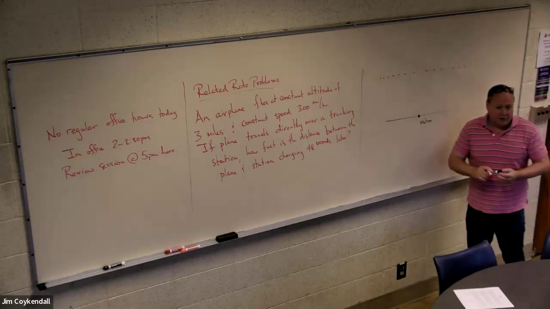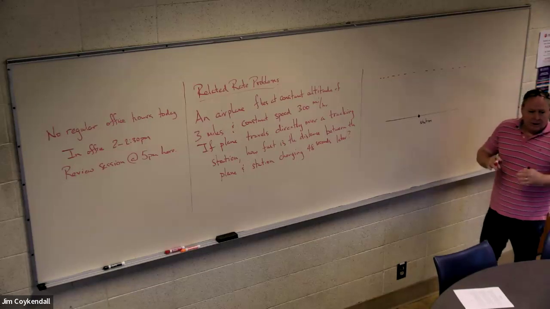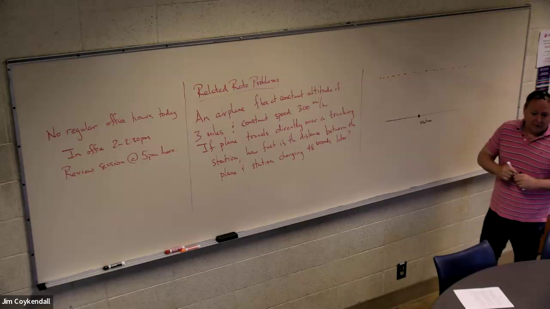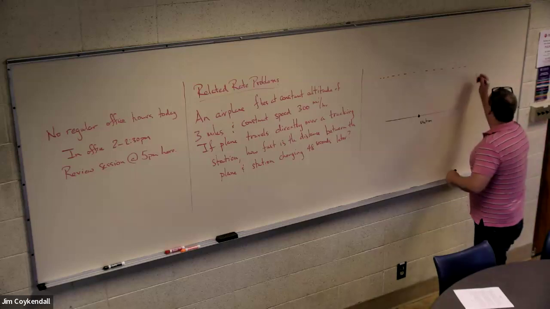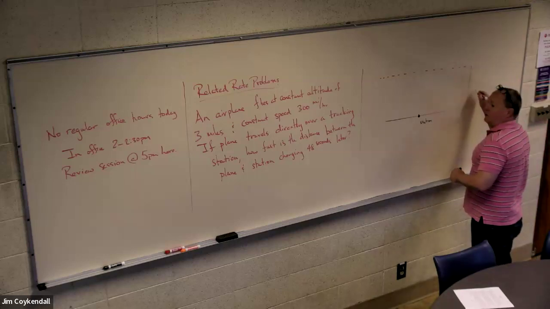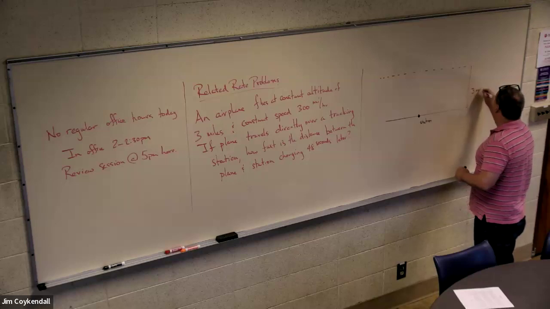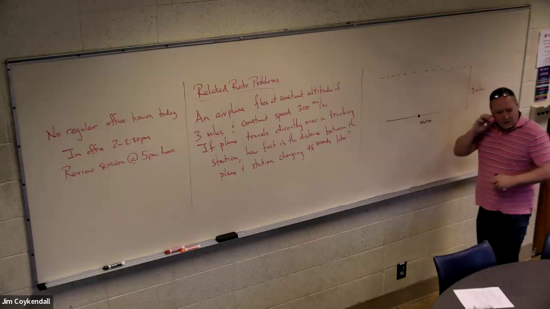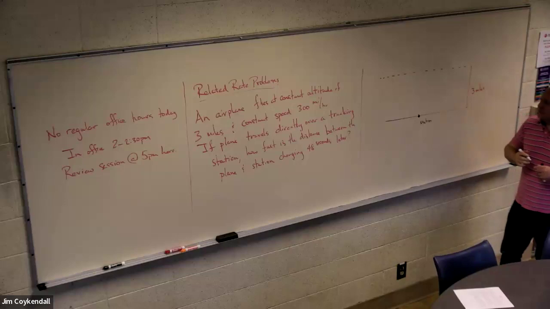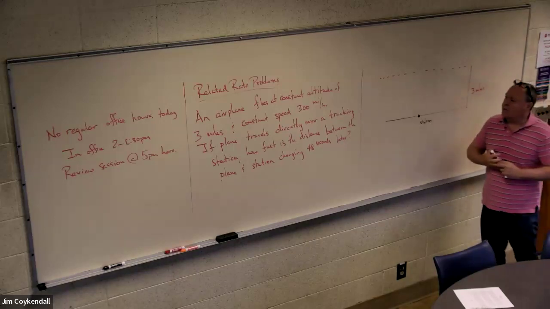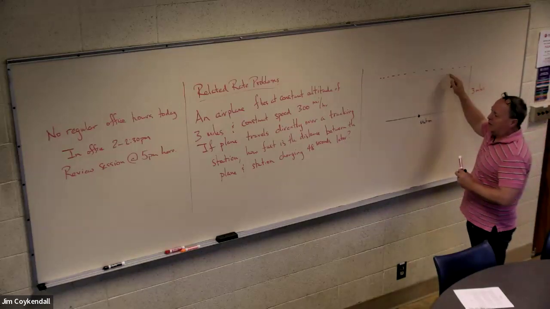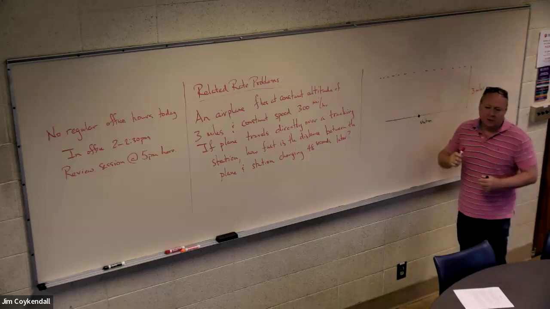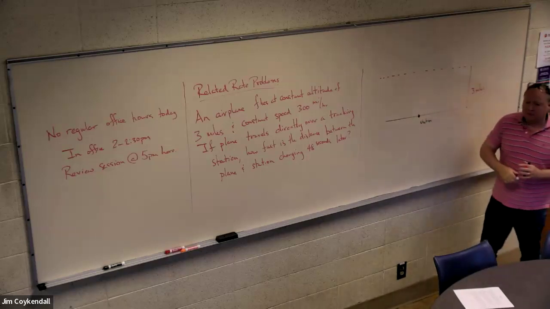That 3 miles doesn't change as the problem goes on. The plane is always at constant altitude, so this distance in miles is 3. It flies at a constant speed of 300 miles an hour, directly over the tracking station. How fast is the distance between the plane and the station changing?